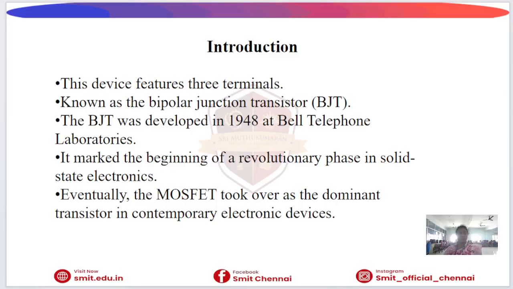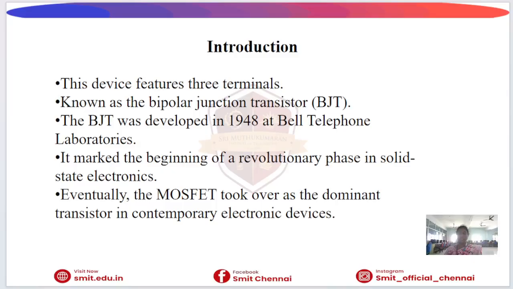Next one is the introduction. A transistor is a three-terminal semiconductor device used for amplification of signals and switching operations, and the three terminals are collector, base, and emitter. The bipolar junction transistor was invented in 1948 at Bell Telephone Laboratories.